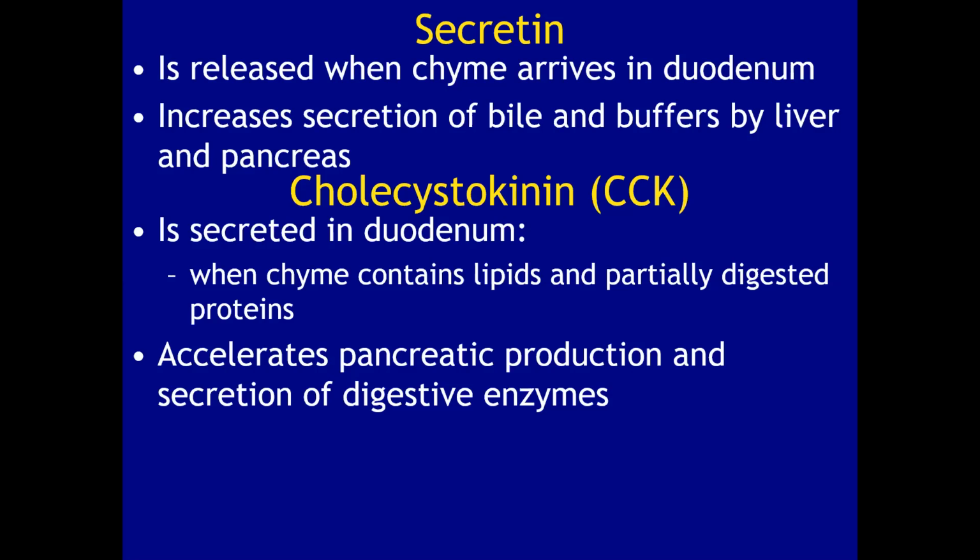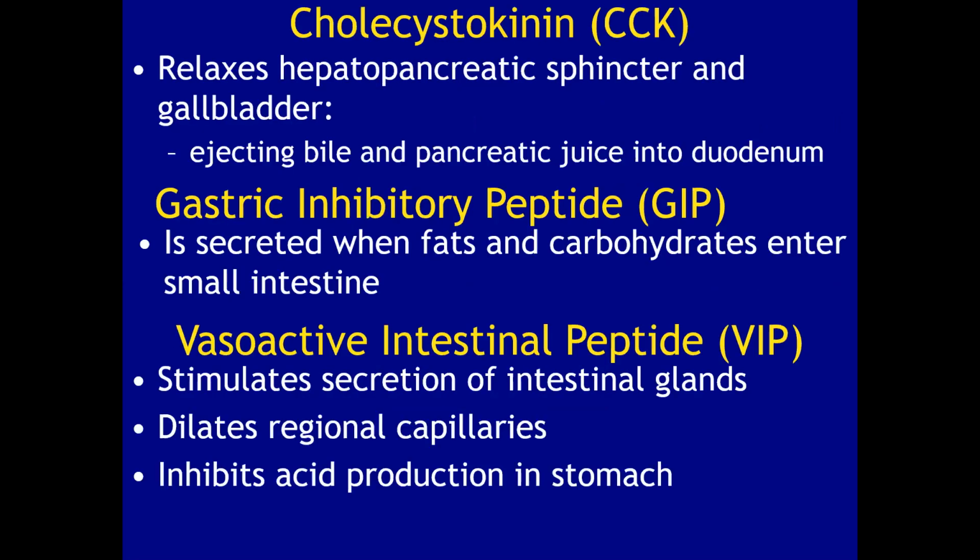It allows for the accelerated production of some digestive enzymes. Also, CCK has the job of relaxing that hepatopancreatic sphincter and the gallbladder. And so this allows for bile and pancreatic juices to make their way into the duodenum.